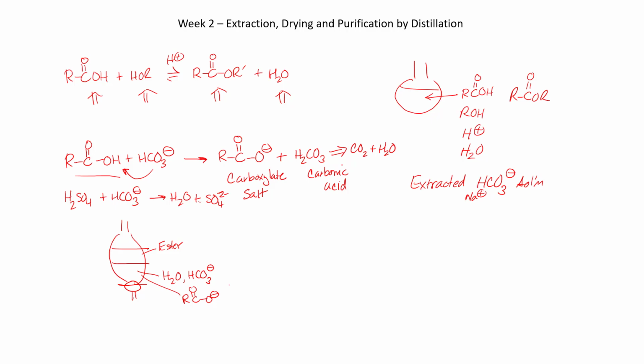And so we would have NaHSO4 converted to water also in the bottom layer. Of these compounds, we would have removed the carboxylic acid, the sulfuric acid, and of course any water that was produced. All we would have left over is the ester and any unreacted alcohol.